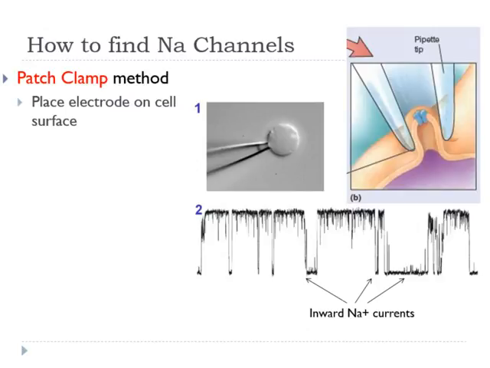Literally what you usually do is you get something that looks a lot like a hematocrit tube, if you've ever done a hematocrit in an A&P lab, and you heat it. At least this is the old-fashioned way to do it. You heat the glass just enough that you can pull it apart in a nice smooth fashion, and it causes the tube to narrow down to a really narrow diameter, but it still has a little bit of a tube inside it, ideally, if you do it right.